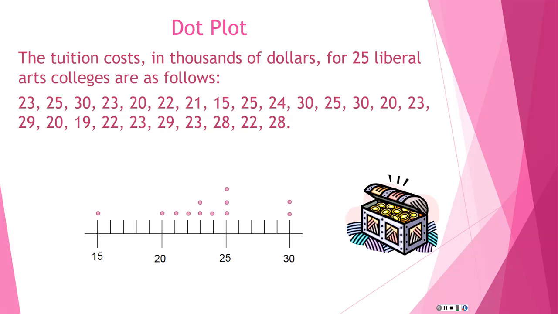And then there is a 15, because we haven't come to the other one yet. And then there is a 20, and a 22, and a 21 for these two. And then there's a 24 for this one. So you just keep adding the dots as you go through your data, one dot for each value.